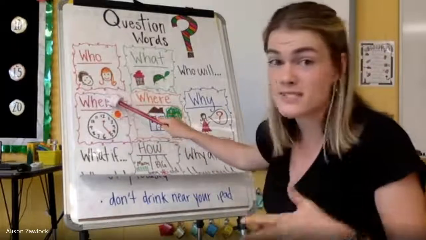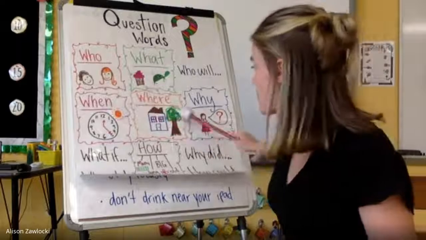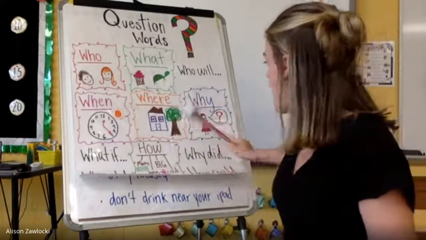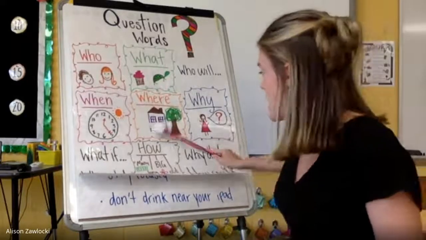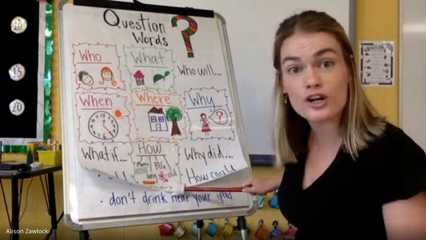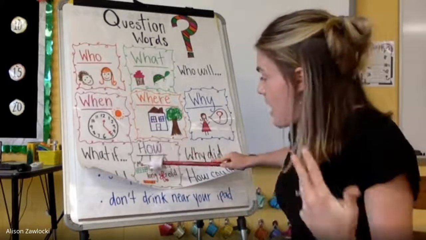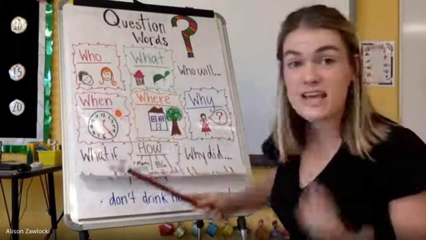That would be like what time things take place, when things happen. Where would be like the setting, so where the story takes place. Why? That would be the reason why certain events happen in the story. And how, a question starting with the word how would be asking about how many, how long, how big, or how old. You can ask how.